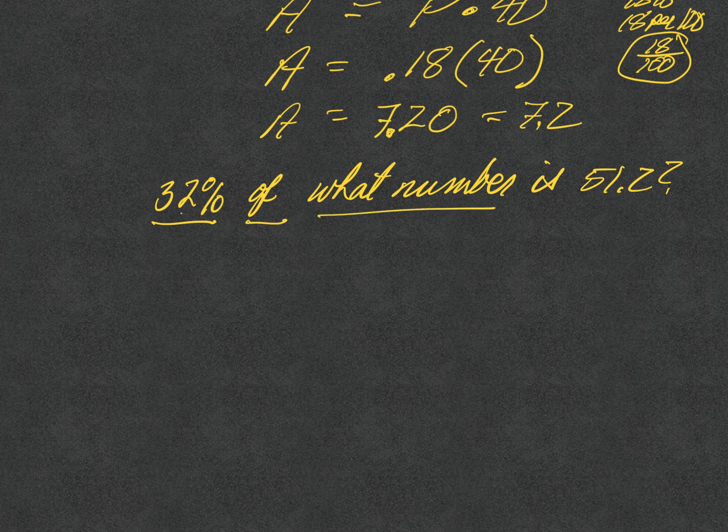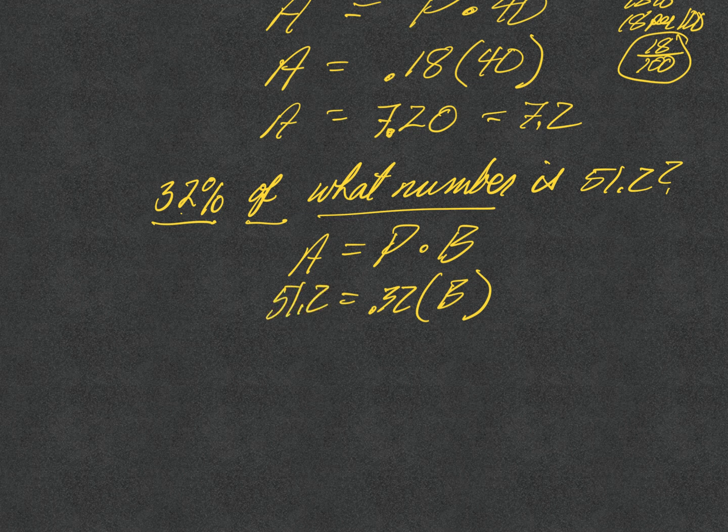So this is 51.2. So our amount is percent of a number, all right? And so we know it's 32%, so 0.32 of what number, we don't know that, so that's our variable, is 51.2, that's the amount, all right?